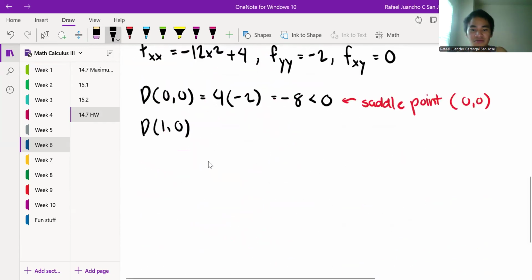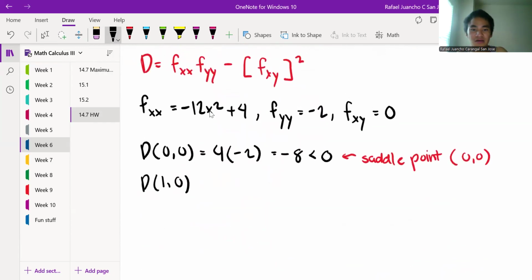At 1, 0, I get negative 12 plus 4. This just gives me negative 8. Let me just see if I got that.